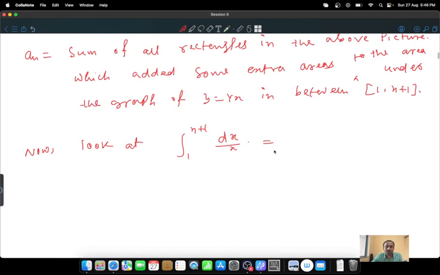So now let's calculate. That is actually log of n plus 1, right?